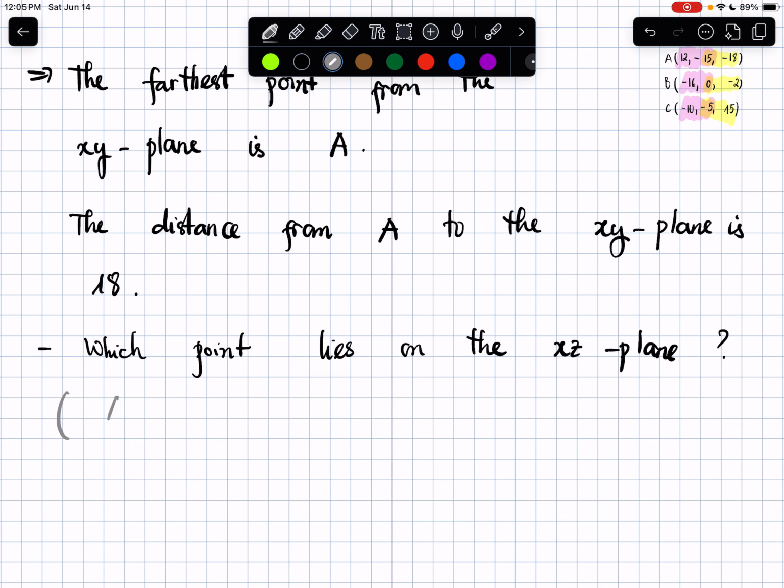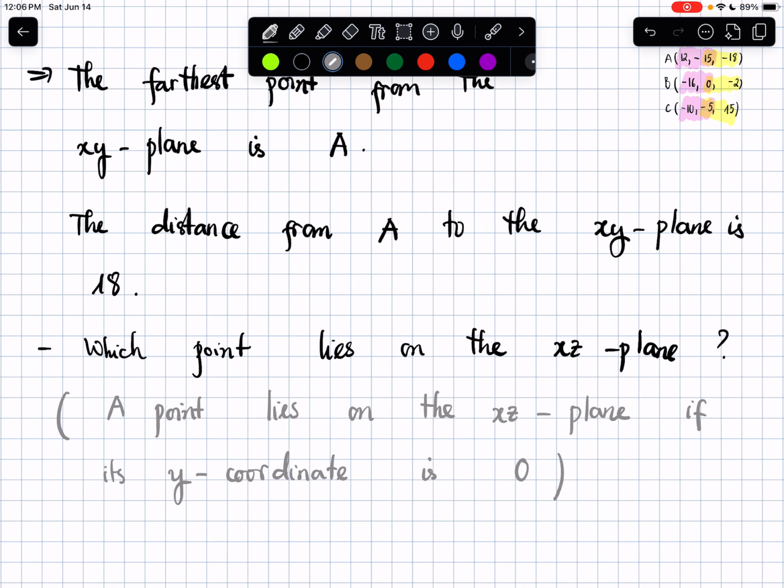A point lies on the XZ plane if its y coordinate is 0, or the distance from that point to the XZ plane, which is the absolute value of the y coordinate, must be 0.